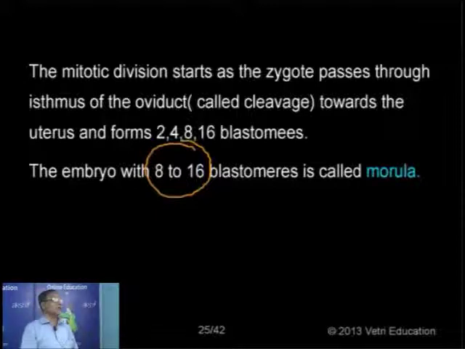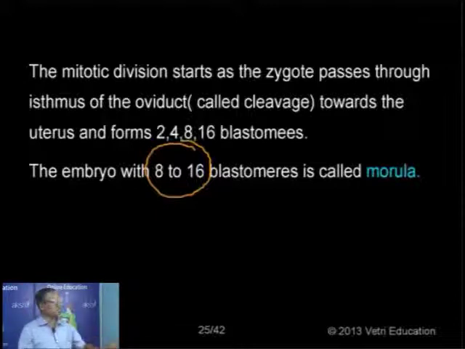Normally in the human embryo or any other vertebrate or animal during embryonic development, only up to the 8 cell stage the cells are totipotent. That means if you separate one of the cells from that egg, it has the ability of giving rise to the whole organism. Such a cell is said to be totipotent.